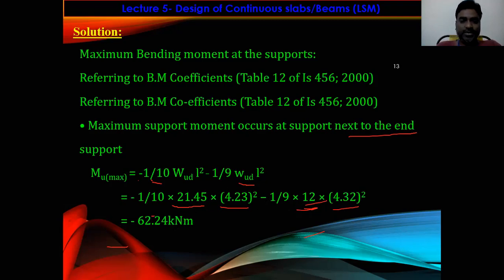Both are negative, so you can add them. So you get the negative bending moment of 62.24 kilonewton meters. So this is the maximum bending moment occurring at the support in a continuous beam as per the given data from Table 12.